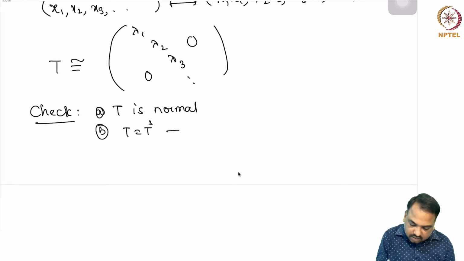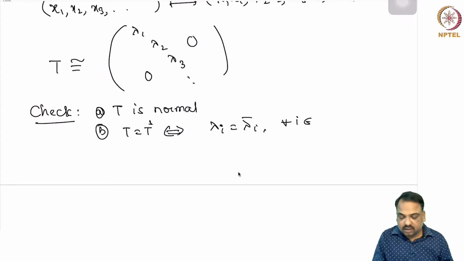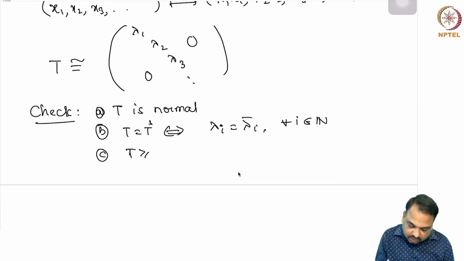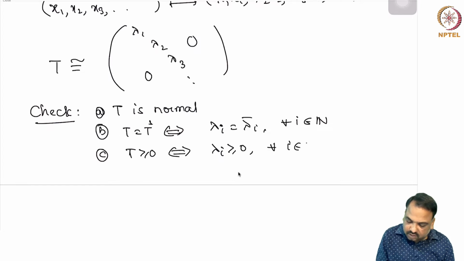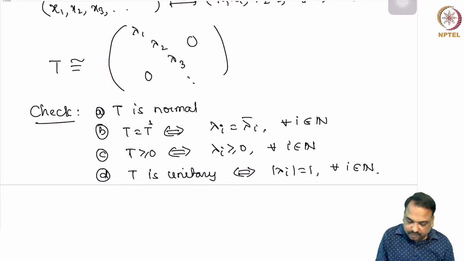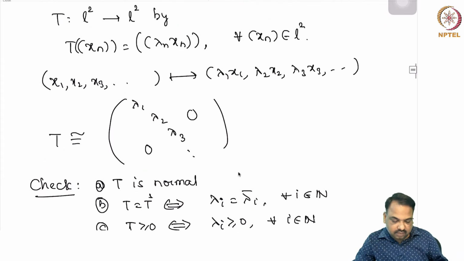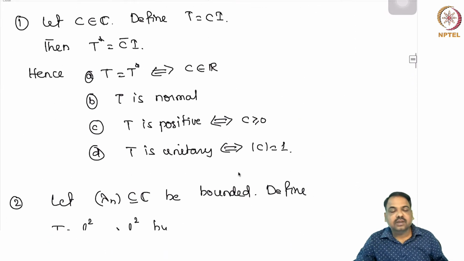T is self-adjoint if and only if each lambda_i equal to lambda_i bar for every i in N. T is positive if and only if lambda_i is positive for every i in N, and T is unitary if and only if mod lambda_i equal to 1 for every i in N. So these properties can be checked very easily from example 1.